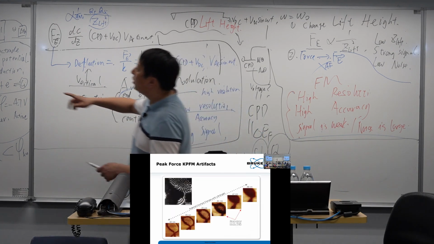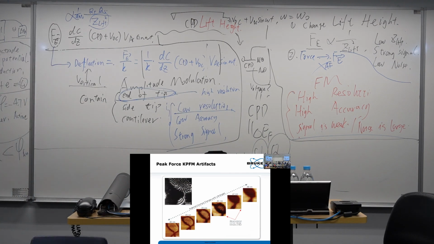Yeah, Bruker did some experiments here. This is some organic material, some polymer on the surface, and this is a polymer, this is the substrate. They are two materials. These two materials should have different charges. So we use KPFM to detect the different charges.